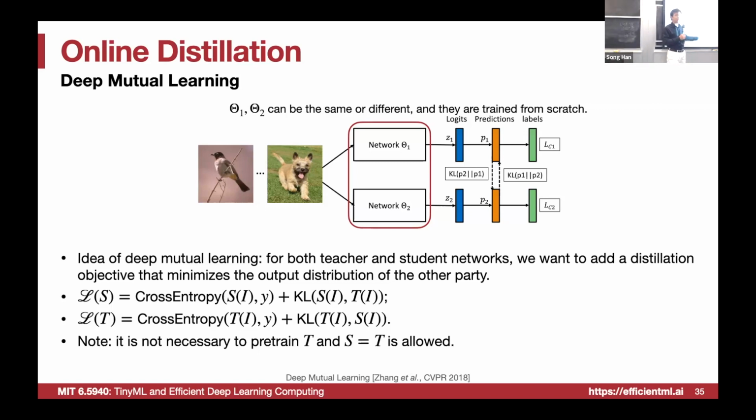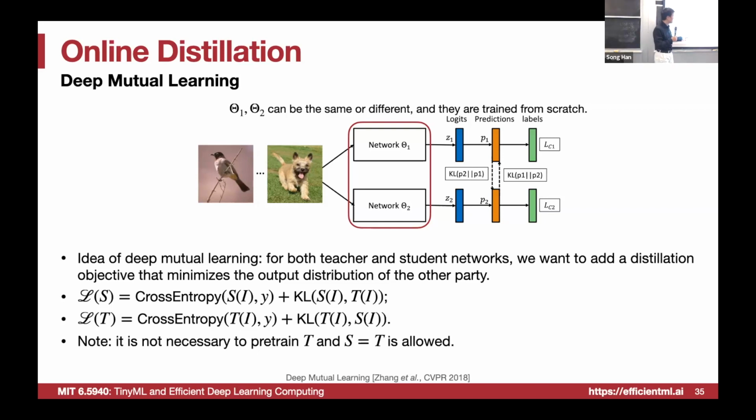And also the KL divergence between the student's prediction and the teacher's prediction. Similarly, for the teacher's prediction and the student's prediction, we find the KL divergence. You can do that not only on the final output, but also on the intermediate feature maps, as covered in the section on where to match.